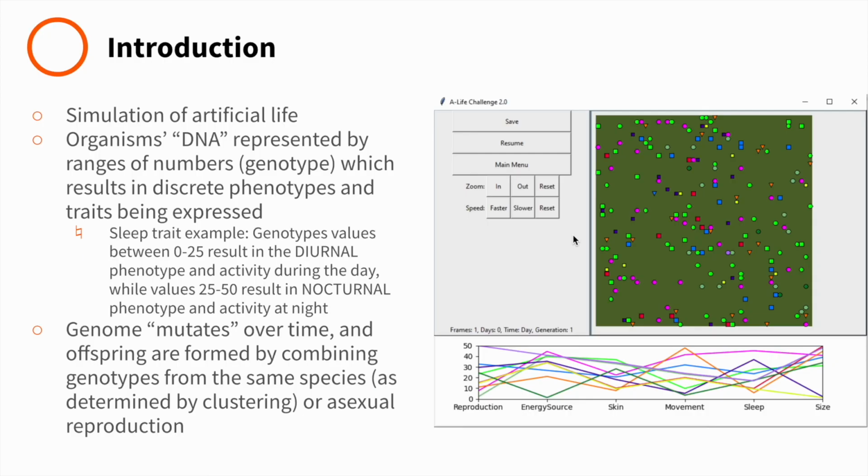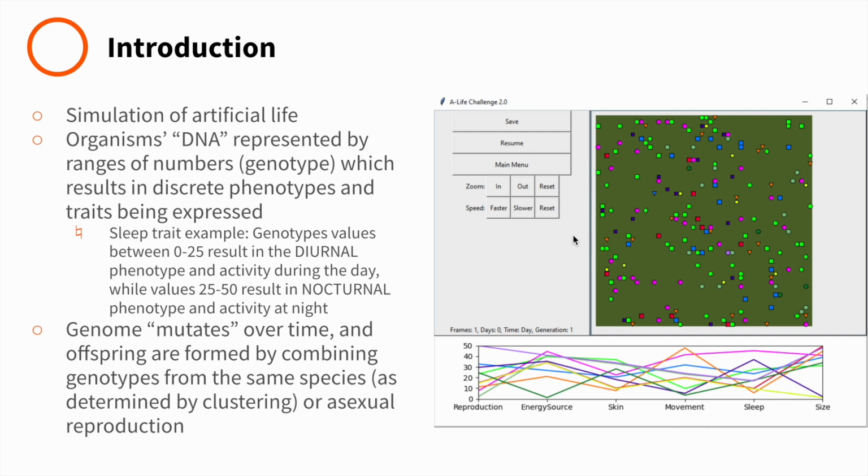So to give an introduction, A Life Challenge is a simulation of artificial life with organisms moving around the world, and each organism has a DNA genome, which is represented by ranges of numbers, its genotype, and the genotype results in discrete phenotypes and traits being expressed.